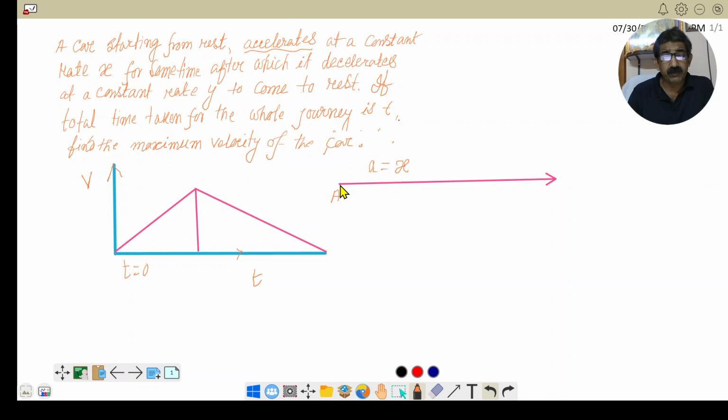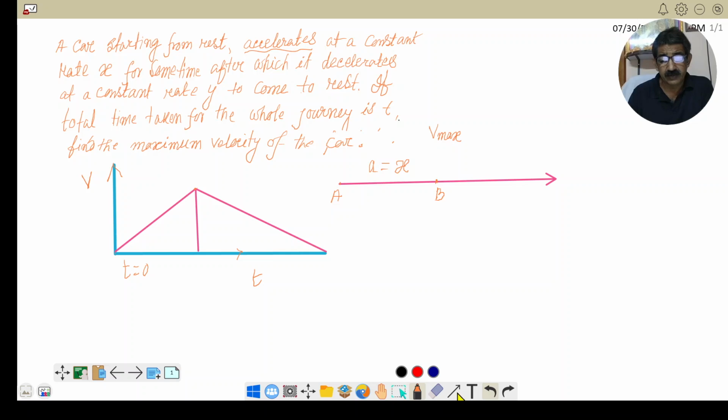Suppose the body moves from this point to this point with acceleration. That means at this point, B, the velocity is maximum. So this is the maximum velocity.